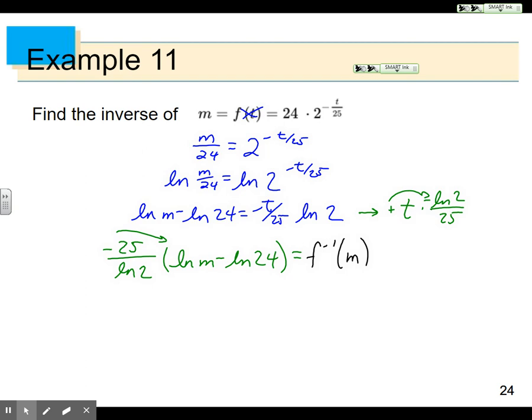And so this tells me the time required for the mass to decay to m milligrams. So if I'm wondering, hey, when is this thing going to get down to 2 milligrams? I can just plug in 2 for this m, and it will tell me how long it should take based off its half-life and working this inverse right here. So that's pretty helpful.